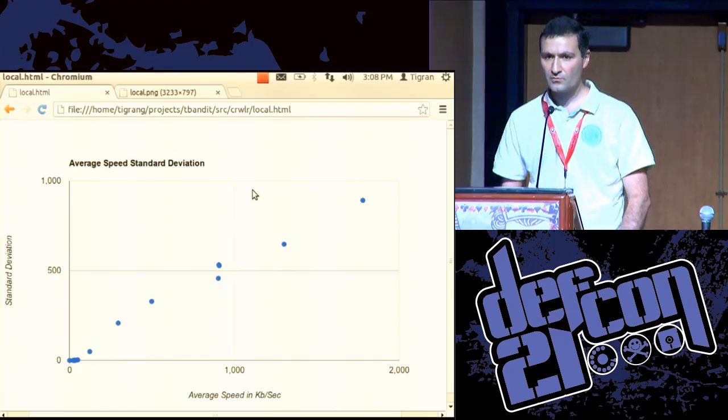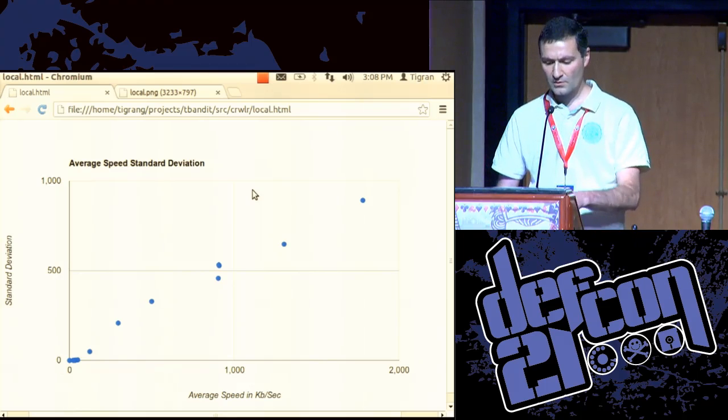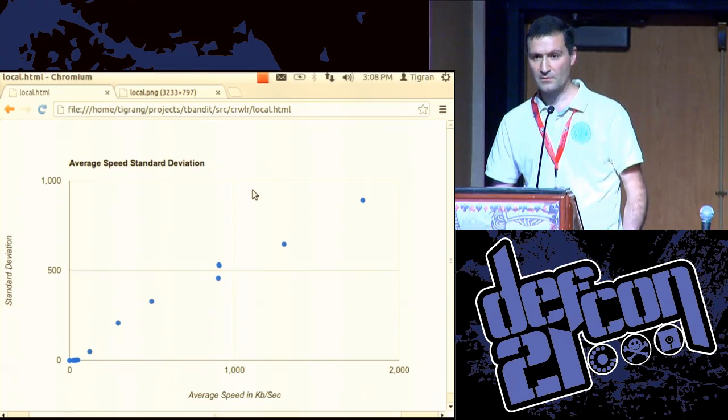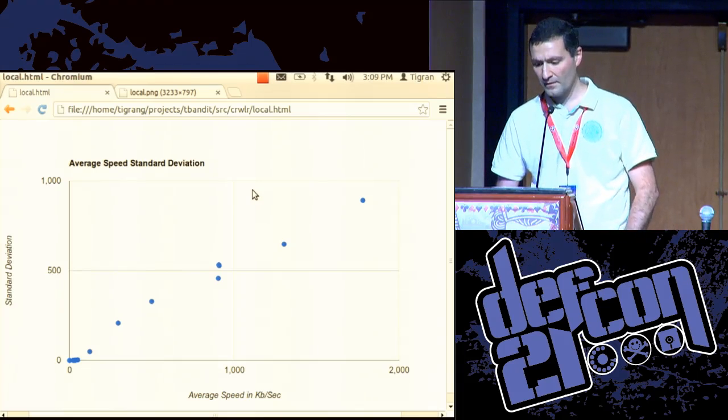Since we cannot trust these resources, we throw them away. Instead, we concentrate on the resources in the bottom half. On the right side, these resources are fast, and consistently so, so they are not bottlenecks. Instead, we concentrate on the resources in the lower left quadrant. The closer to the zero point, the more painful the resource would be for the server.